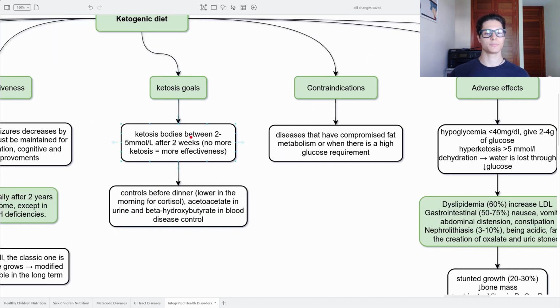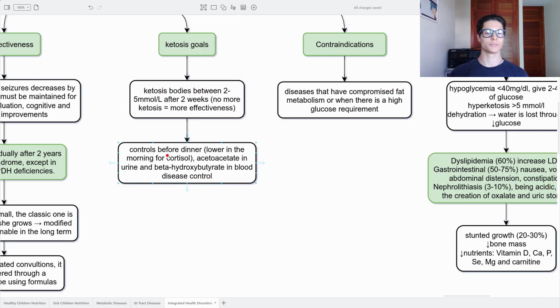So ketone bodies between 2 and 5 millimoles per liter, and you have to know that more ketosis does not mean more effectiveness. The controls of ketosis are done before dinner because it's lower in the morning because of cortisol: acetoacetate in the urine, and beta-hydroxybutyrate in the blood.